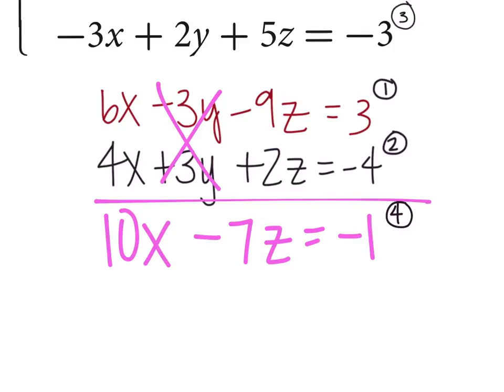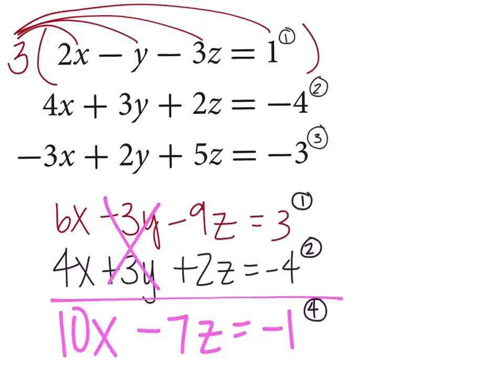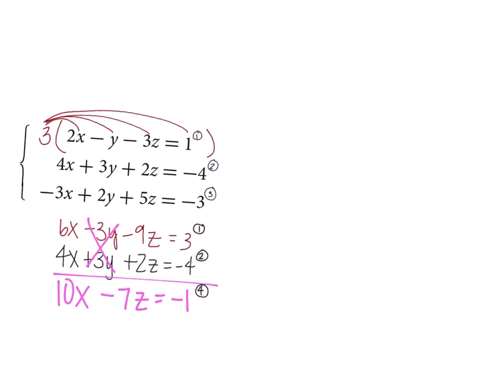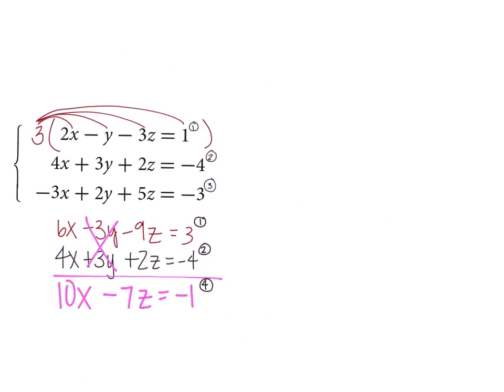All right, so now we're going to do that same process again. We need to create another equation with just x and z in it. So I need to combine 2 equations from my first 3 again. So I'm going to rewrite my first 3 equations, and you don't have to, but I'm going to.